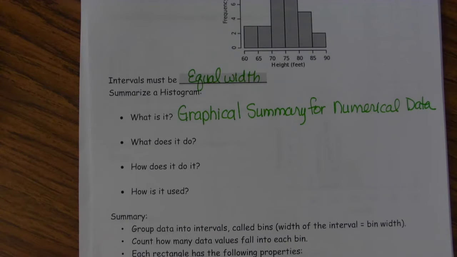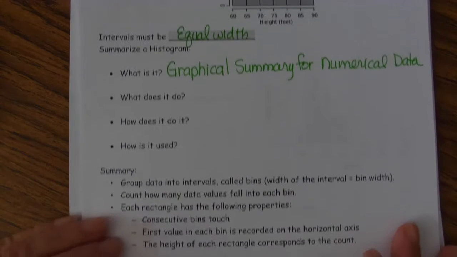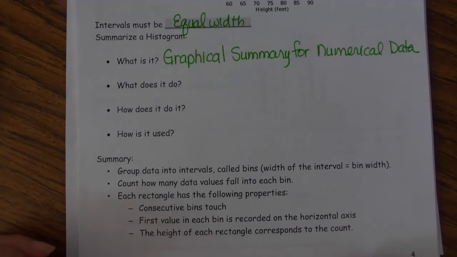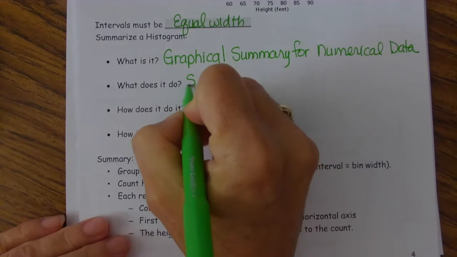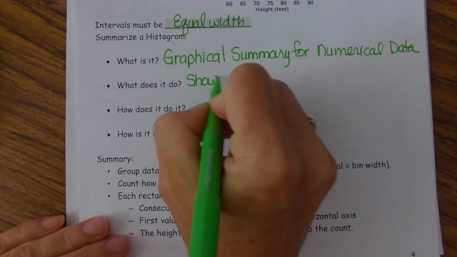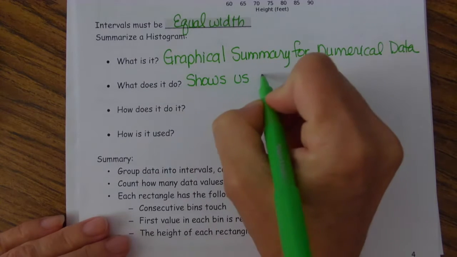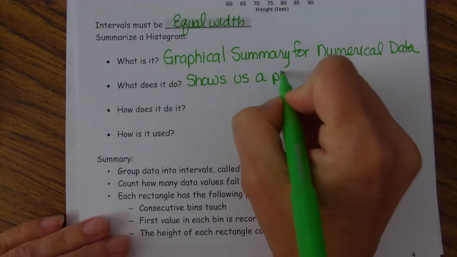Sounds fancy, right? What does it do? What do they all do? What does a graphical summary do for us? It shows us a picture. It's the same answer we had yesterday, right?